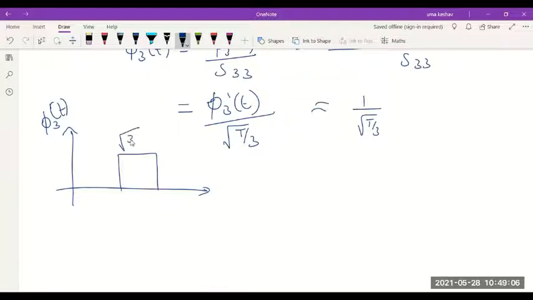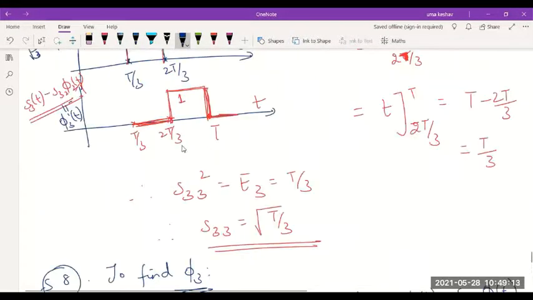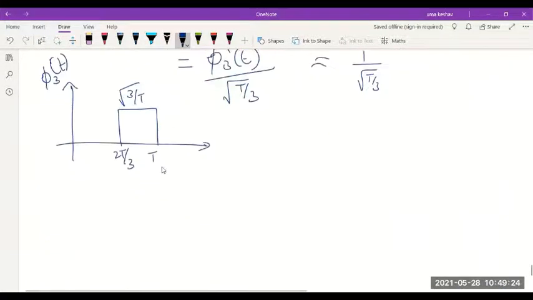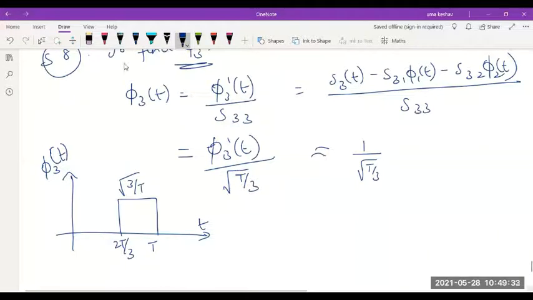This will have the value root 3 by t in the interval 2t by 3 to t. So this is your phi 3. I'll remove this because it's not at one particular value.